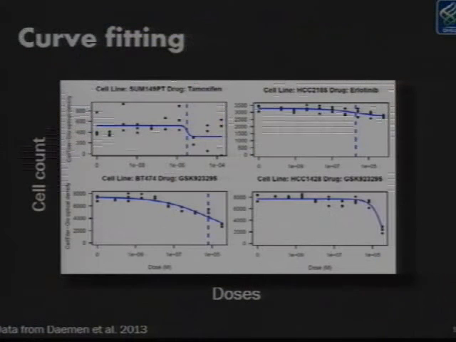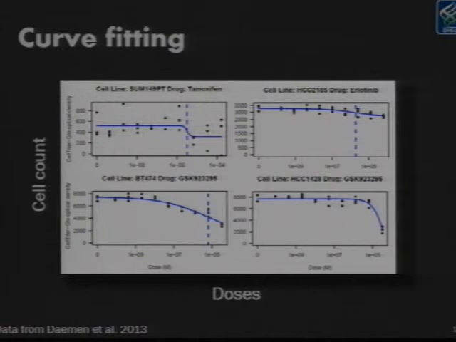This is the raw output reading of the cellular growth after, in this case, 3 days of treatment with the different doses of the drugs. Secondly, the replicates are in some cases all over the place, in other cases really tight together. I fit a logistic curve to this and find, in this case, the IC50 value, the halfway point between the max and the min. It might be informative or it might not.